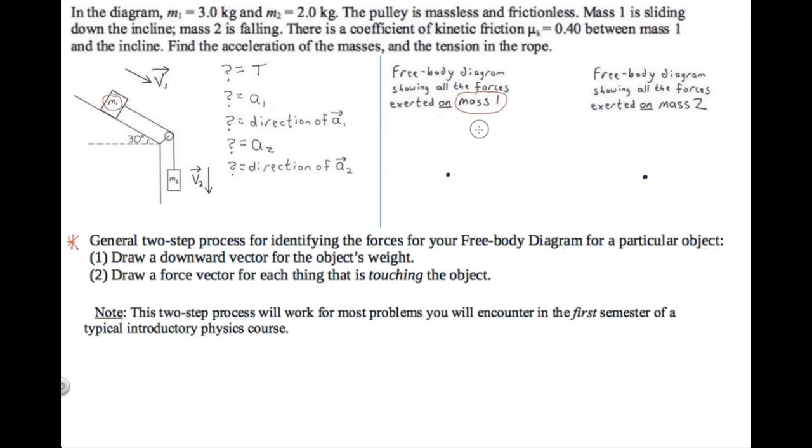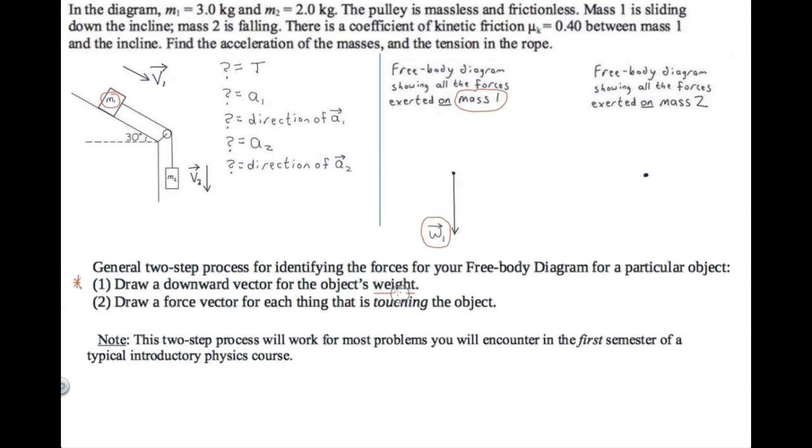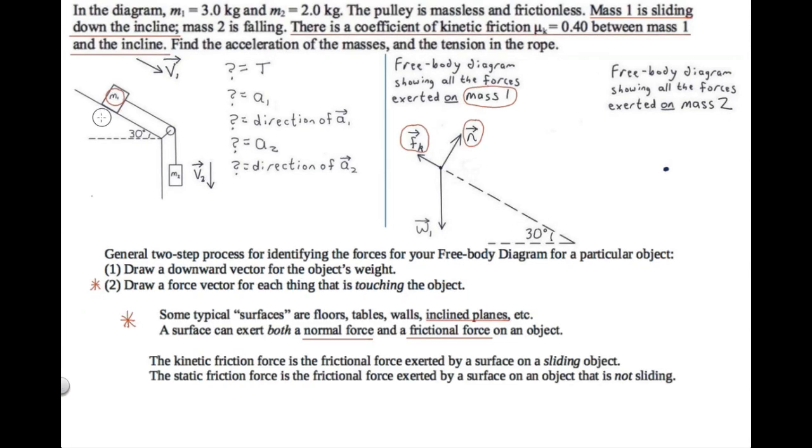Let's begin by identifying the forces being exerted on mass 1. We begin this diagram by drawing the weight force on object 1. To complete the free body diagram for mass 1, we systematically ask what is touching mass 1. Mass 1 is being touched by the incline.